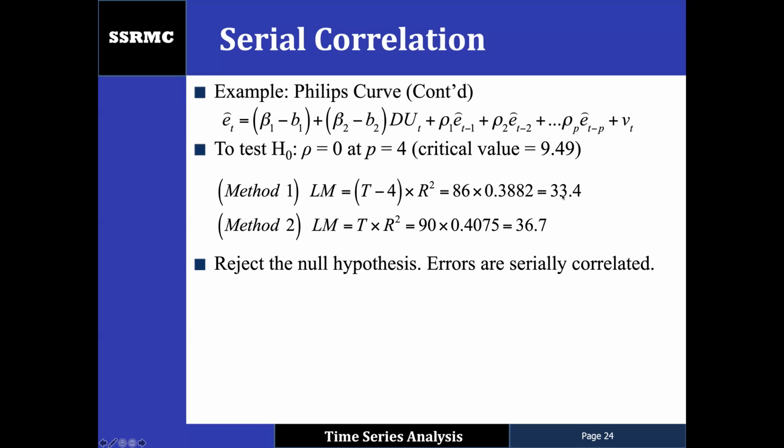But once again, the statistics are quantitatively different but qualitatively identical, in the sense that it doesn't matter which one you use. You're going to reject the null hypothesis at a very low level. Okay, so even at a 1% level, you're going to reject the null hypothesis. They're simply very large, which means the errors are serially correlated up to lag 4.